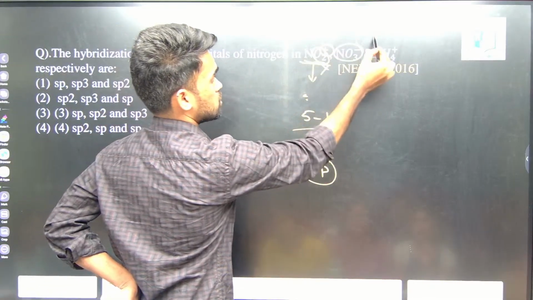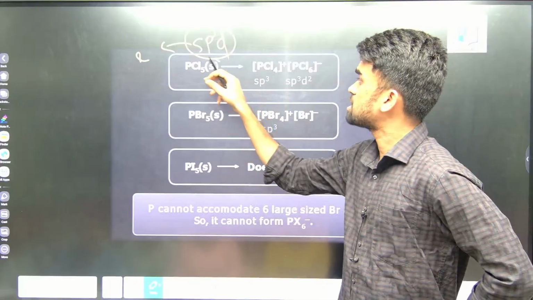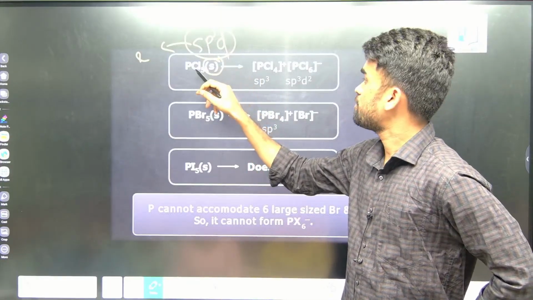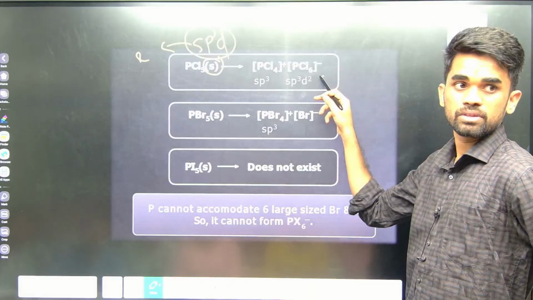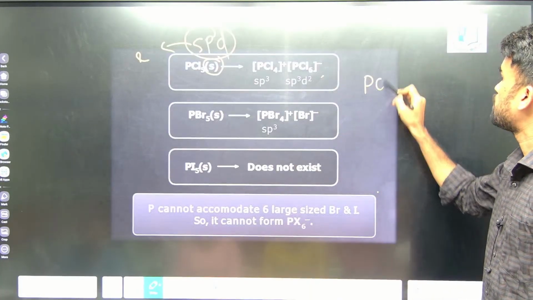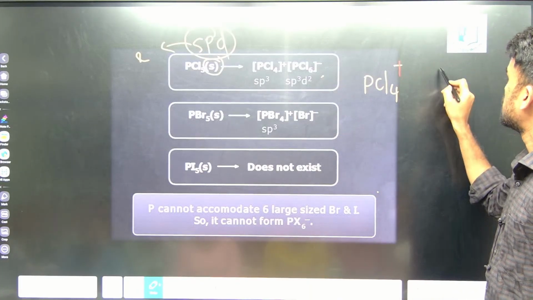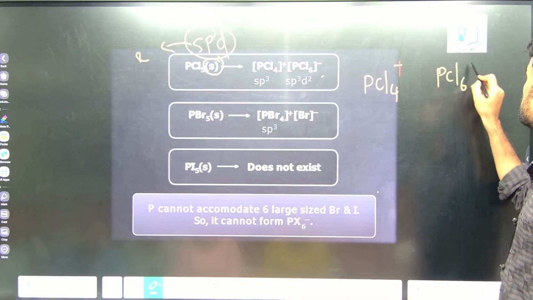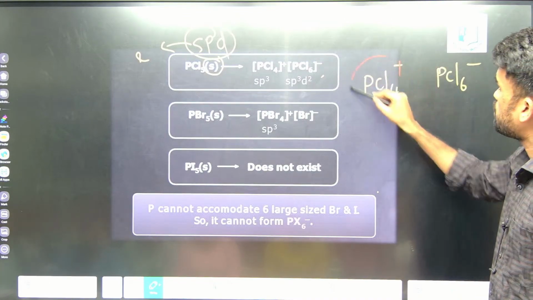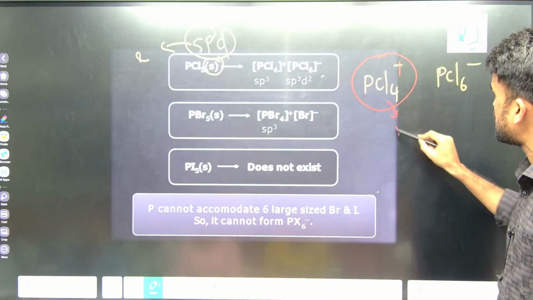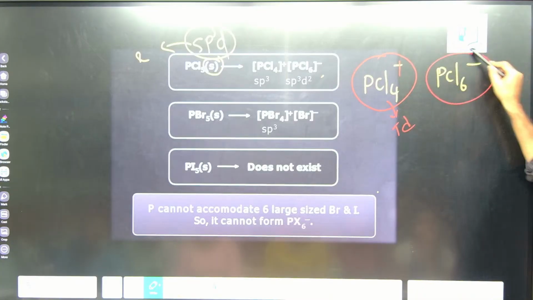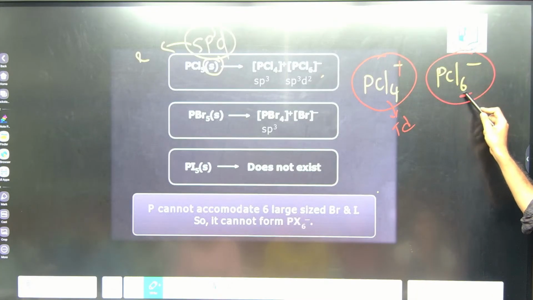Similarly, you tell me for these two. But when it is in solid form, PCl5 exists like PCl4 plus and PCl6 minus. If it is PCl4 plus, it will be tetrahedral. Here PCl6 minus: see how many surrounding atoms there are? 6.